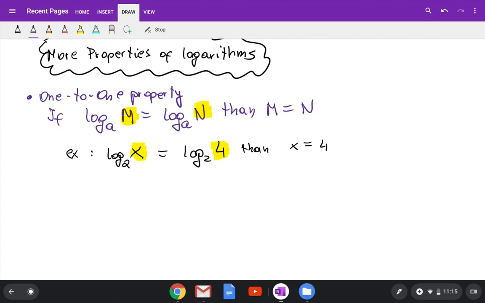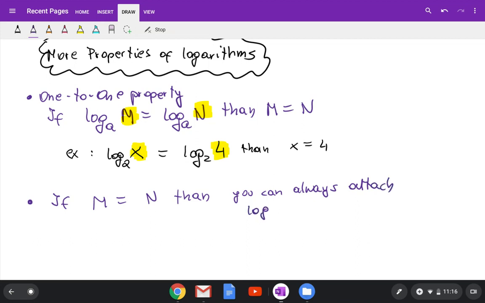And another one: if m is equal to n, then you can always attach logs to both sides.